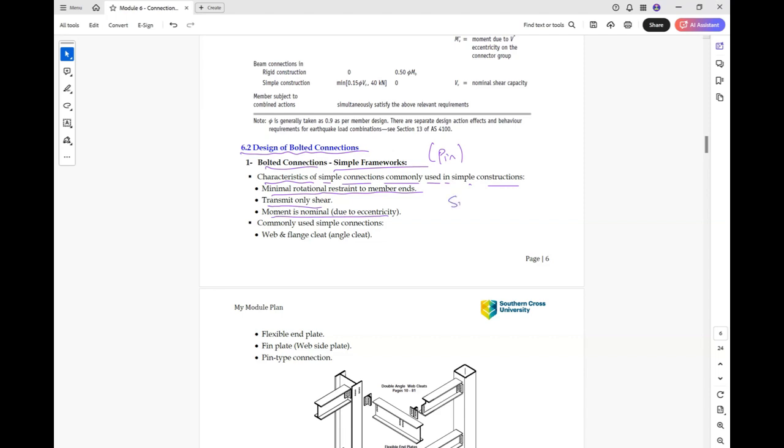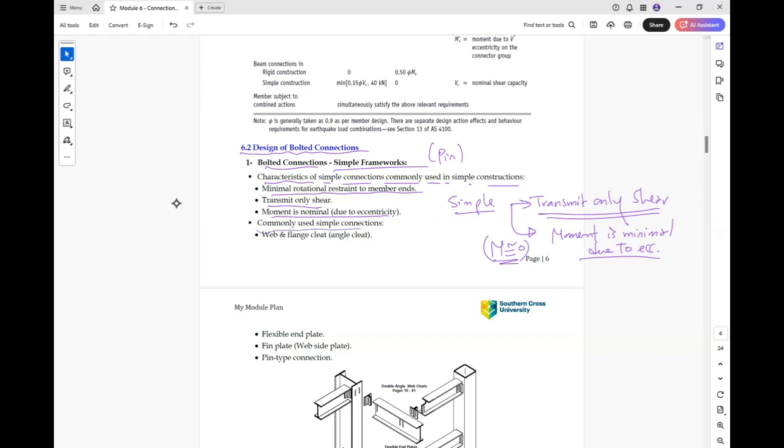So this simple connection transmits only shear. This is the main criteria. The moment is minimal due to eccentricity only. So there is no moment, or moment is almost equal to zero in this type of connection.